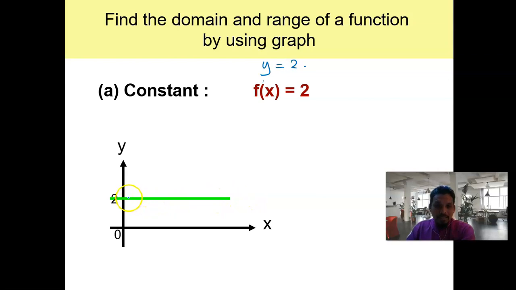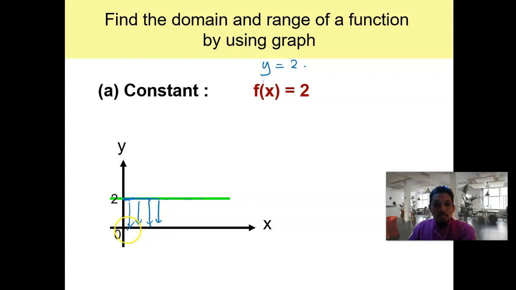So class, every single tiny coordinate, every dot along this green line, actually represents the value of x and y.